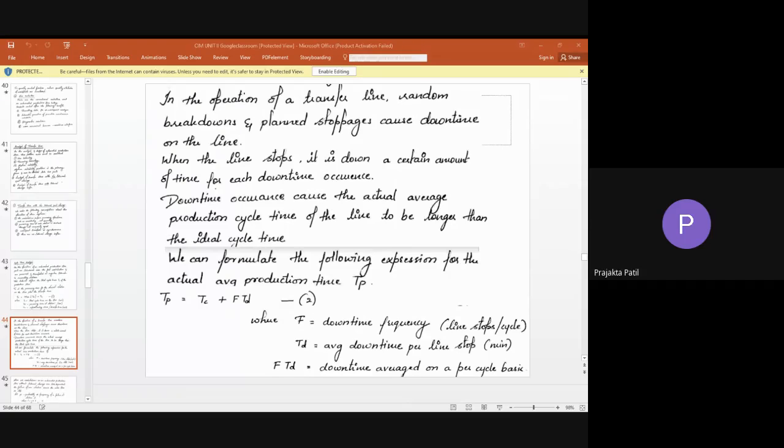Now, just write down this equation for the actual average production time, TP.